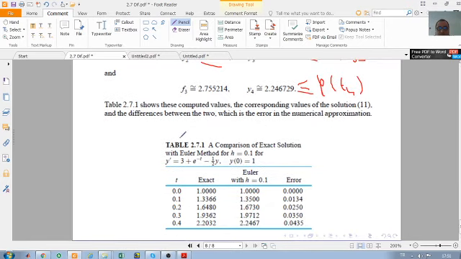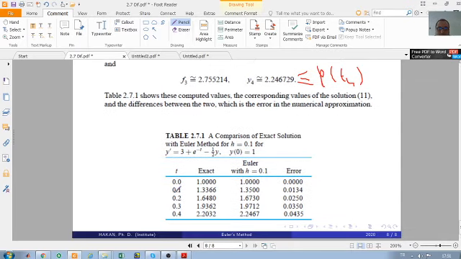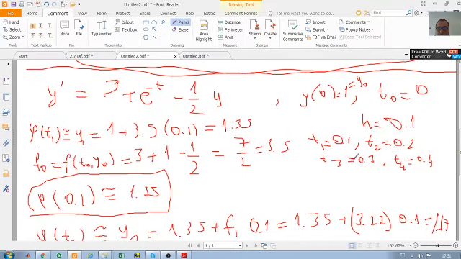When we compare these values with the real values of the solution curve, for example, at 0.4 the exact value corresponds to this number, and with Euler method we obtain 1.35.